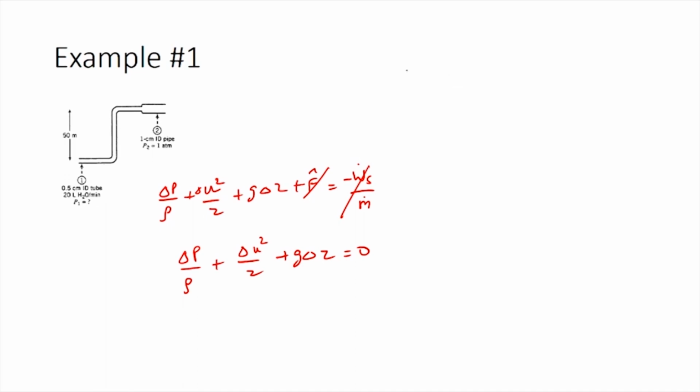Linear velocity at point 1, u1, would be equal to 20 liters per minute, and if you want to convert liters to meter cube, 1 meter cube contains 1000 liters. We also have to convert minutes to seconds, where 1 minute contains 60 seconds.